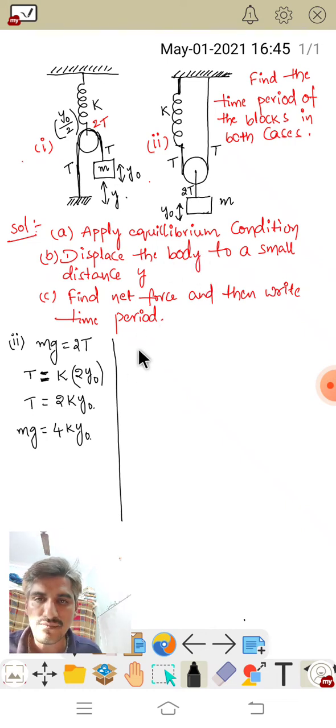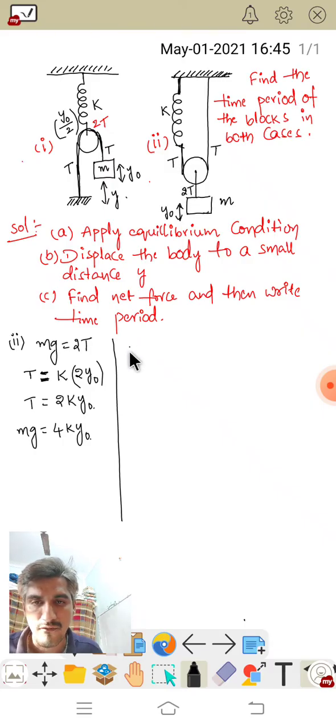Therefore, here 2T dash will be there and here T dash will be there. Yes or no? Then what is the restoring force developed in the spring here?